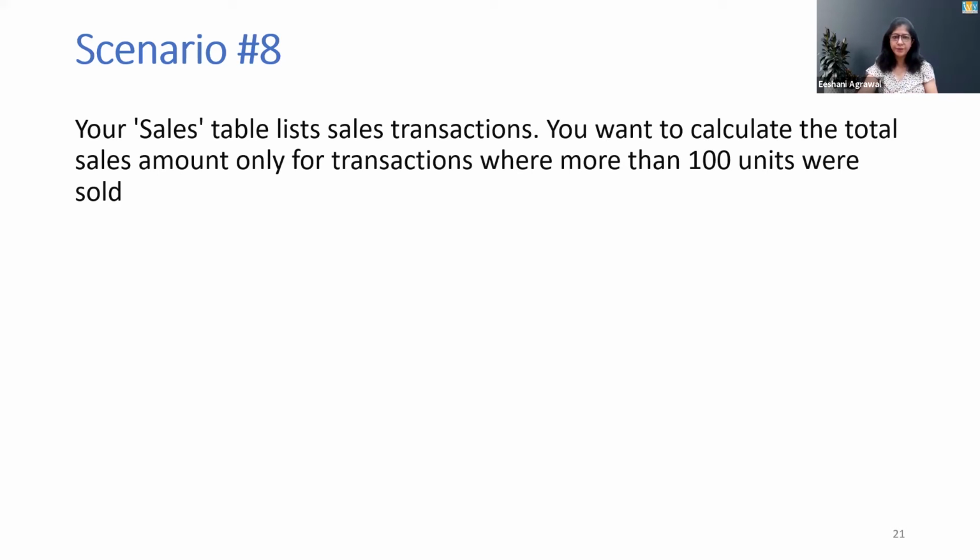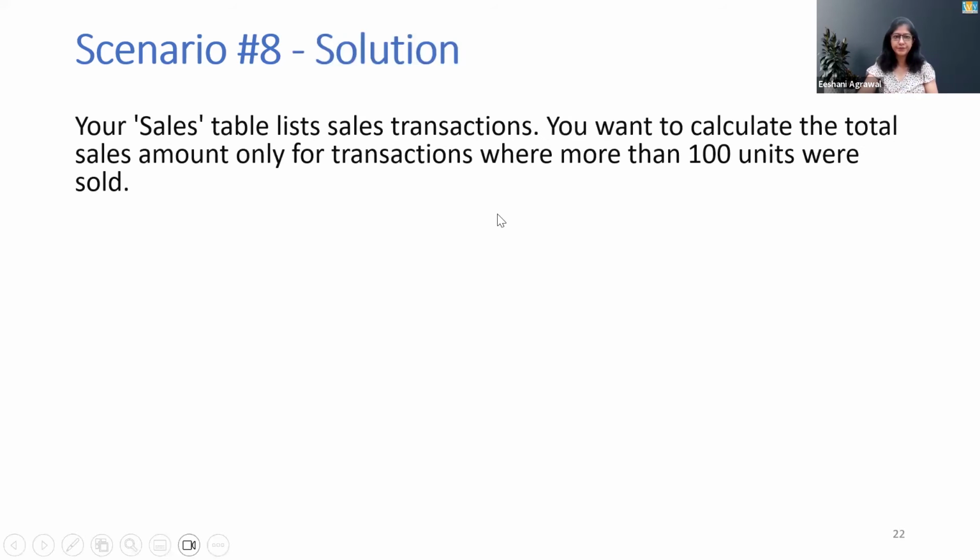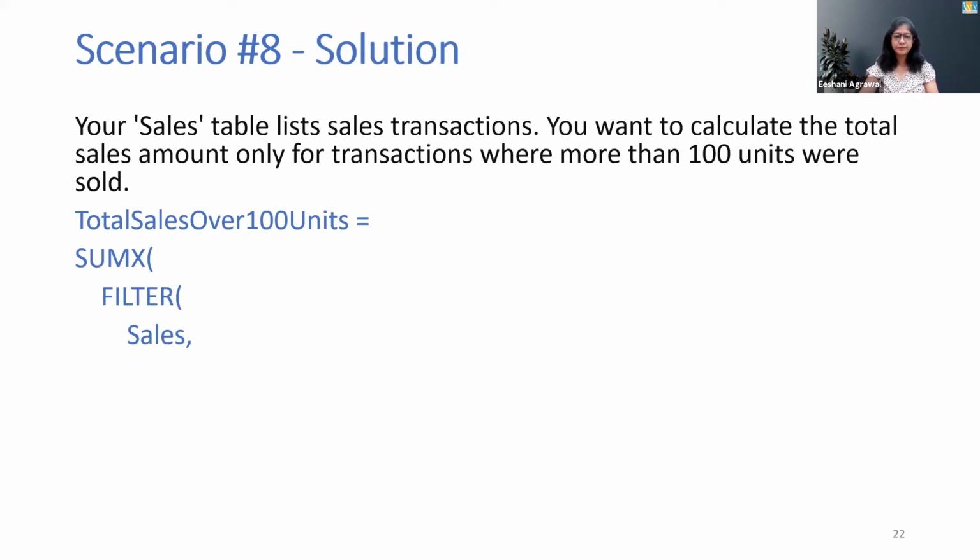Correct? This is another way. We can use SUMX as well. But CALCULATE, and I think putting greater than 100 would be more than enough.